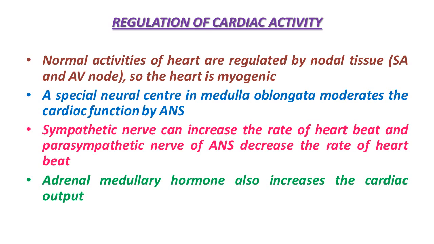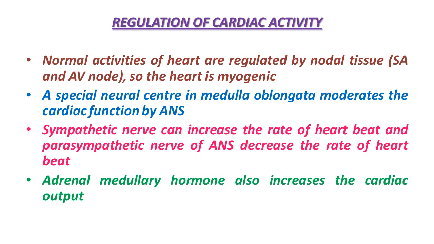This nodal muscular structure has the ability to generate action potential without any external stimuli. It is auto-excitable. The number of action potentials generated per minute differs in different parts. So now we are aware of the SA node, AV node, and this tissue.